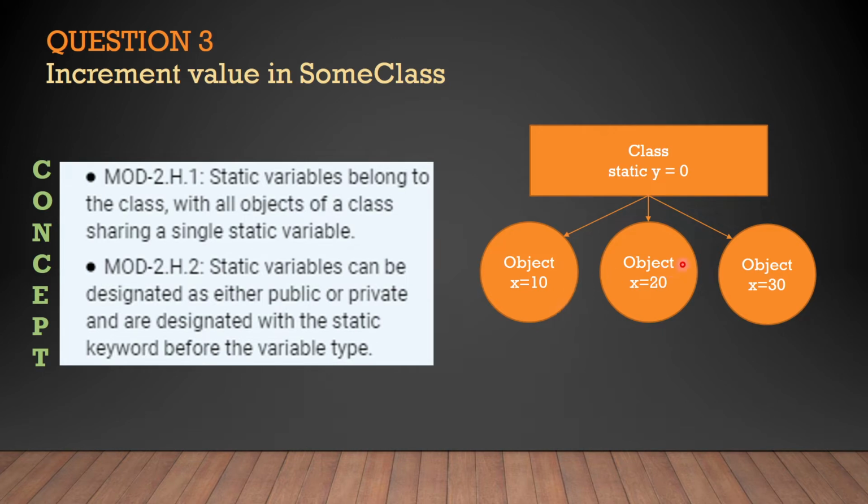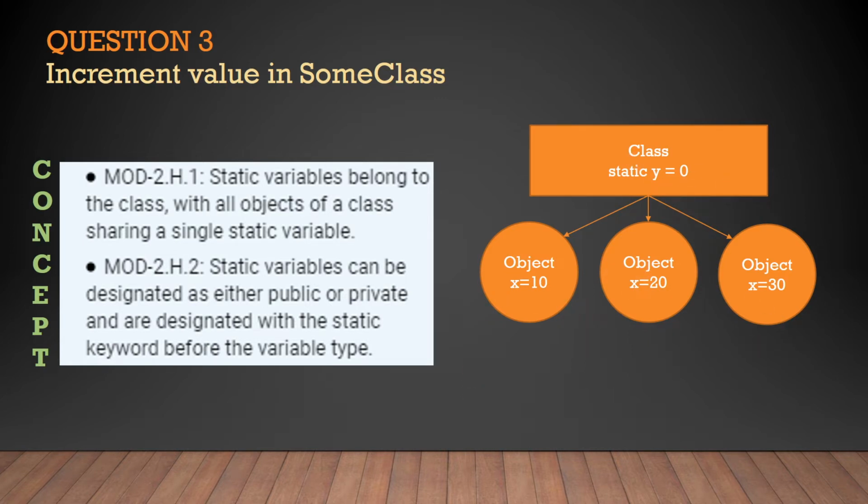X is different for each object. A static variable, Y, would exist in the class, so if this object updated Y, then this other object would see that, and it could also update it. They can all have access to update it.